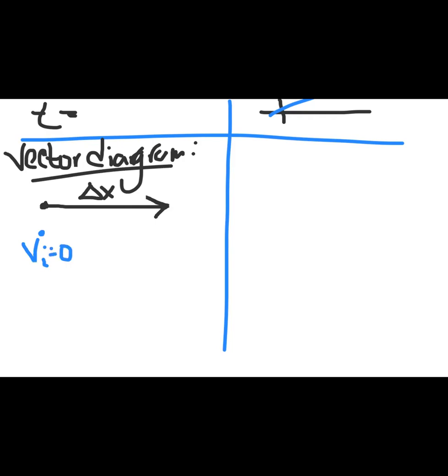I record it as a dot because it doesn't have any magnitude, and that we're speeding up, so therefore we're going to have some velocity final. That velocity final was brought to us by an acceleration, and since we're speeding up and my velocity is in this direction, that acceleration is again positive.